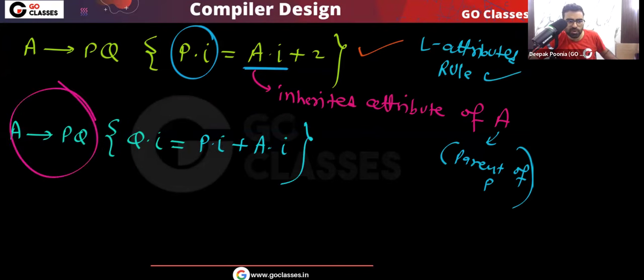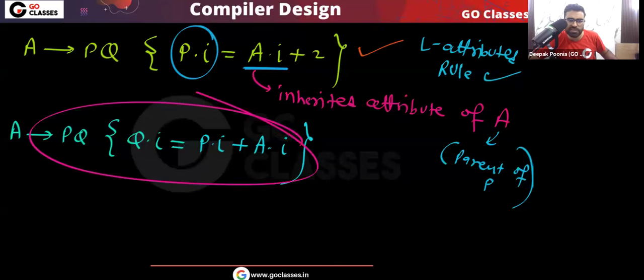Corresponding to this production, in this semantic rule we are defining an attribute of Q, and Q is on the RHS. So we are defining an attribute of the RHS, so this is an inherited attribute. I can say this i attribute is an inherited attribute of Q.